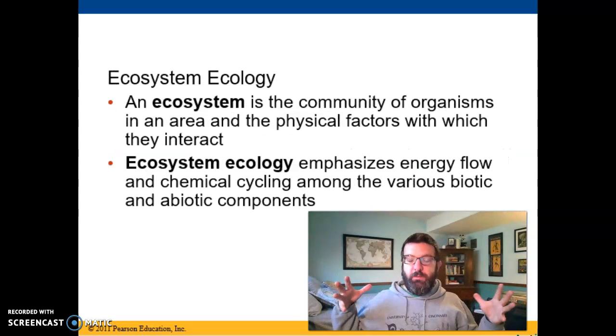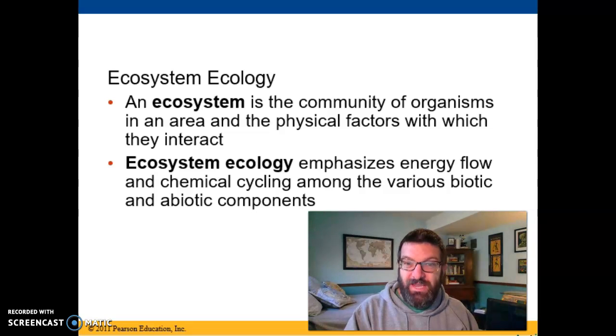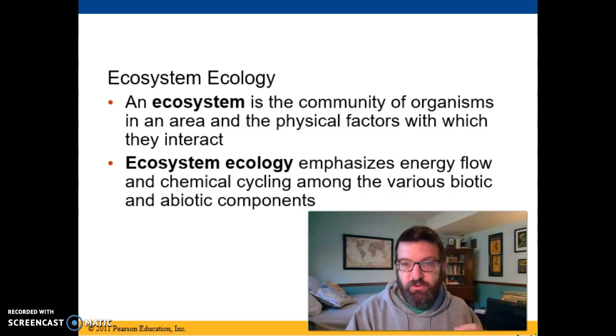If you take one more step back, one more step more inclusive, instead of just looking at the living populations, living communities in an area, you look at the abiotic parts of an area as well and how they impact the living communities. Then we call this ecosystem ecology. Ecosystems are the community of organisms plus the physical or abiotic factors with which they interact.